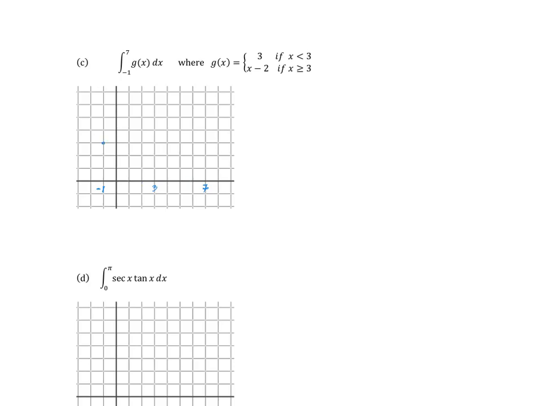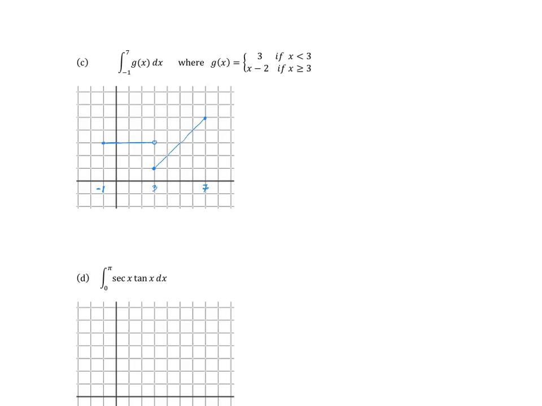So it's solid, and then at 3 it is open. And then for x greater than or equal to 3, it's the graph of x minus 2. So that would start at 1, and it goes straight up. And solid, solid.